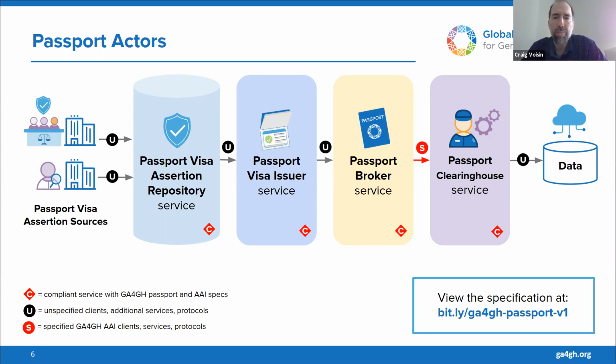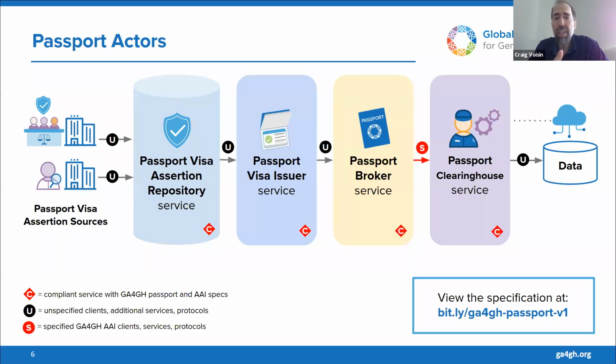All those things depend on the particular use case. There could be some standards there. So if you're using a GA4GH standard on how these things might interact, that's definitely possible. But in general, from our perspective here for the passports, this is unspecified, and it's really up to the clearinghouse how the data is formatted and what the protocol looks like between these two players.